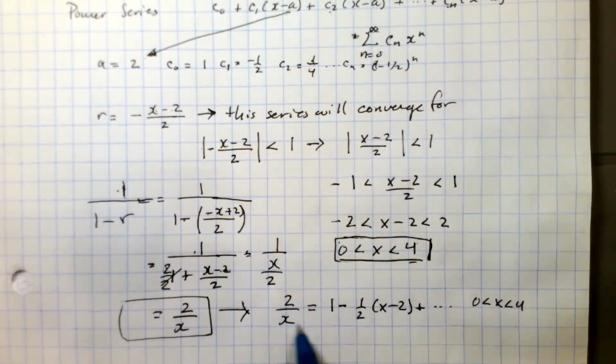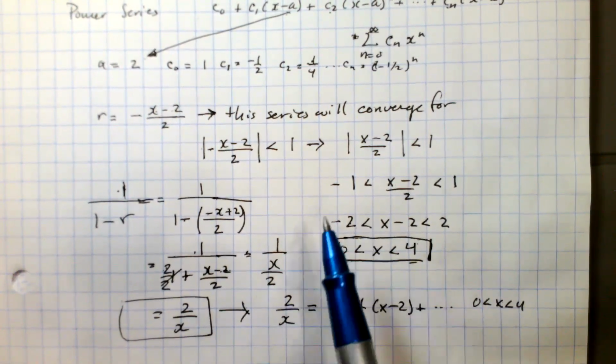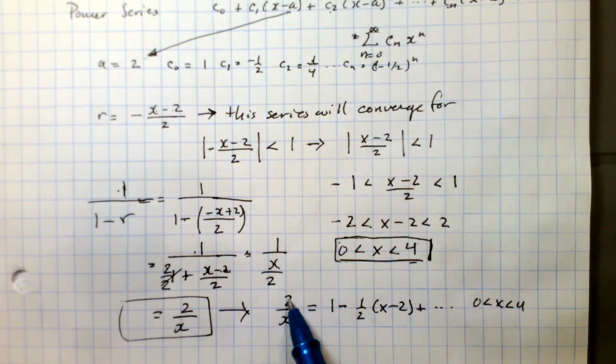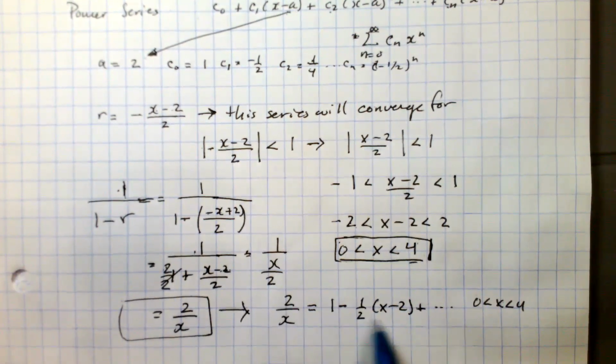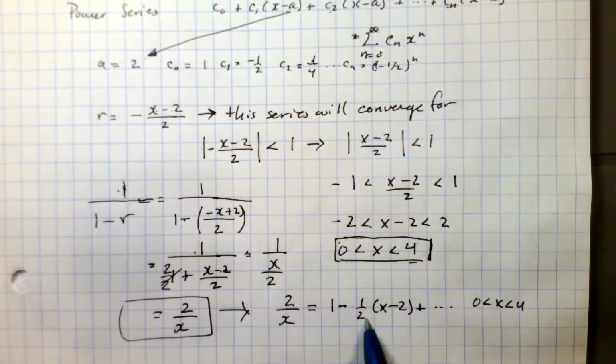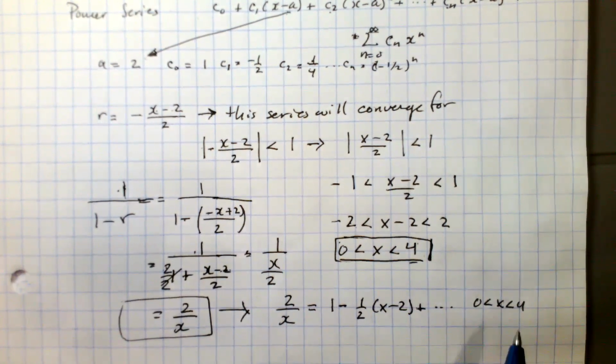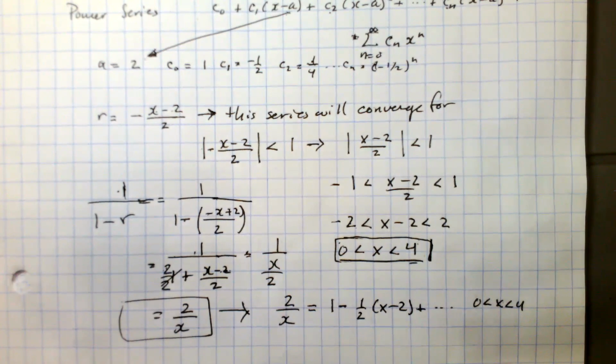So we found a closed form for the series. In other words, f of x equals 2 over x has a power series expansion of 1 minus 1/2 (x minus 2) plus dot dot dot all the way out to infinity, with a radius of convergence of 0 to 4. All right, I hope that was helpful, and I'll see you in the next video.